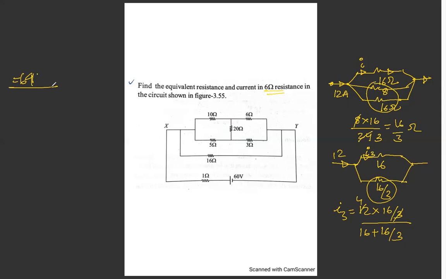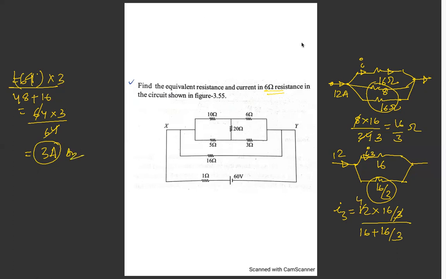This is 64 divided by 48 plus 16, and this thing I'm going to multiply 3 with. So 64 into 3, and here it is going to be 64. So the final answer is coming out to be 3 ampere. So 3 ampere is the correct answer.